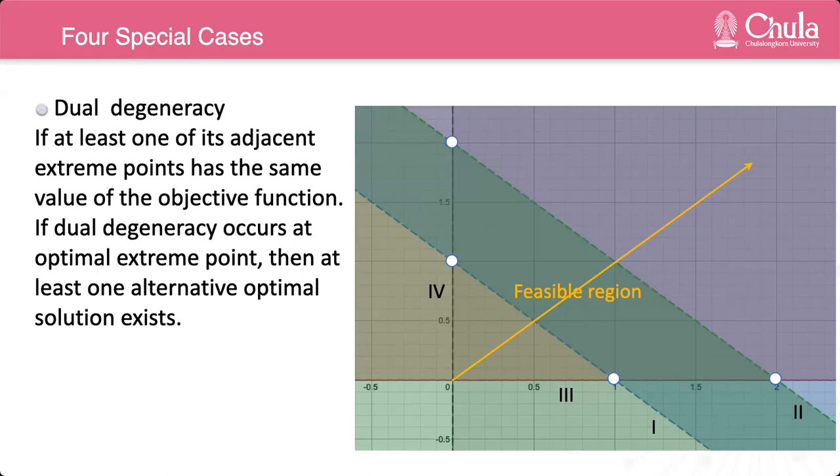This case we call dual degeneracy, because we have multiple solutions with the same objective function value.